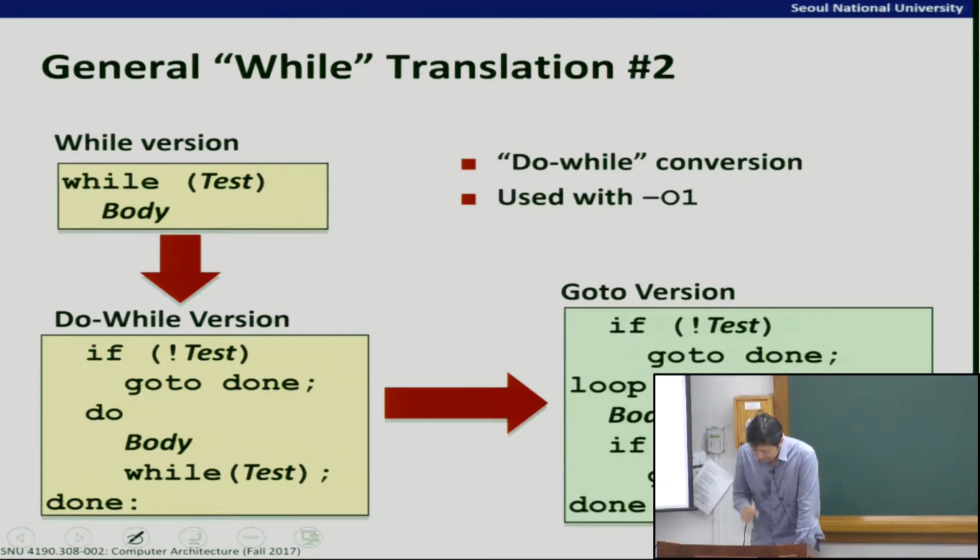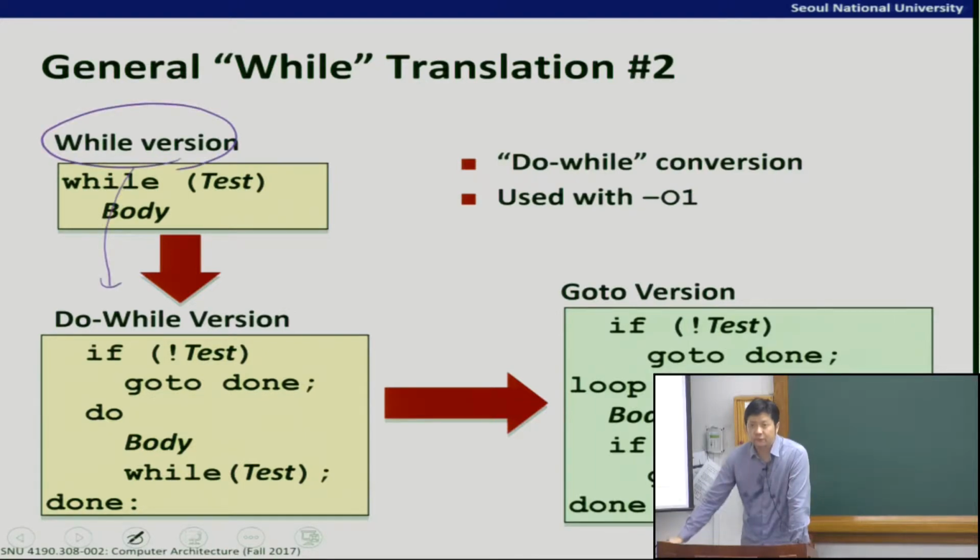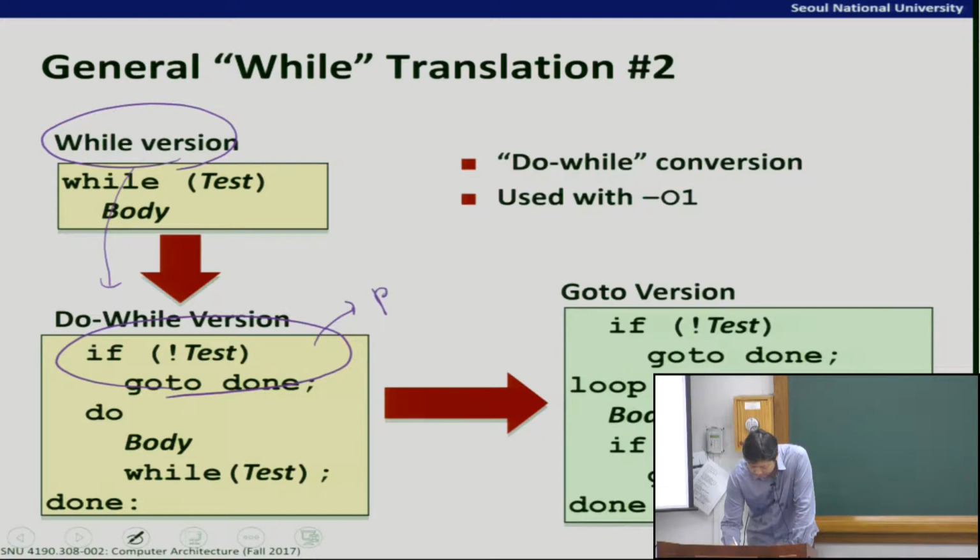So here, we can convert this while loop into a do while loop first, right? In this case, we simply place test code, or preamble, as some people call it, before you enter the loop.